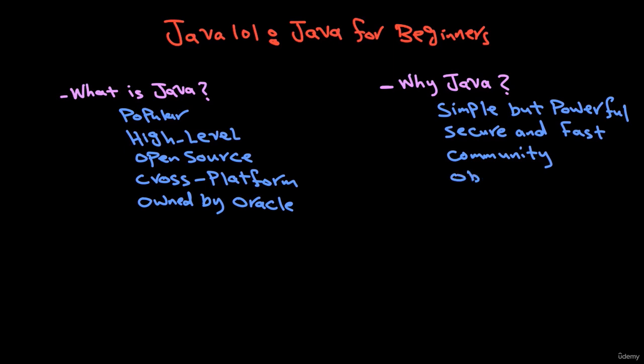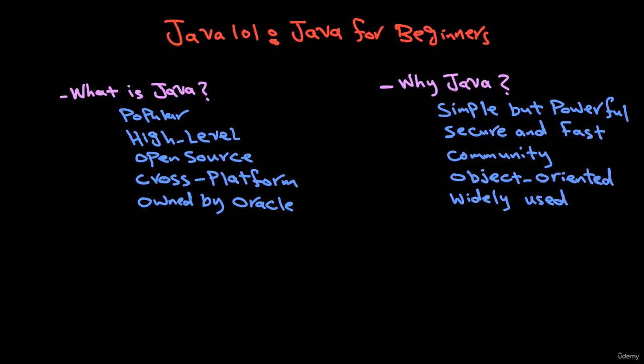Also, Java is an object-oriented programming language which gives a clear structure to programs and allows code to be reused, and this will decrease the development costs. Java is a widely used programming language.